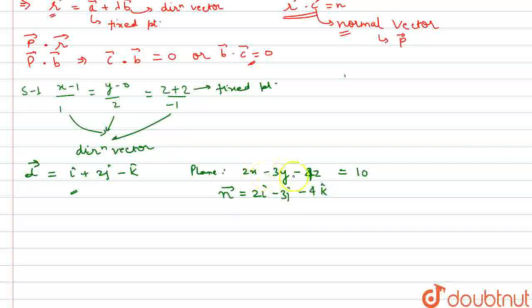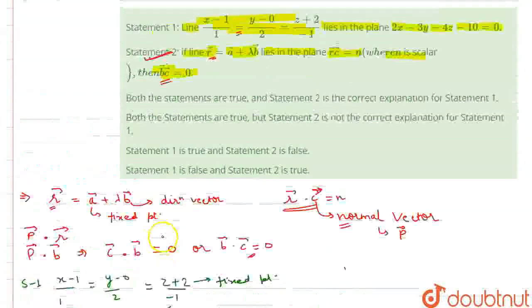The coefficients of x, y and z respectively give us the normal vector. So we have the direction vector and the normal vector, and let us take their dot product. After doing the dot product, it will be 2 minus 6 plus 4. If we solve this, we are getting 0.